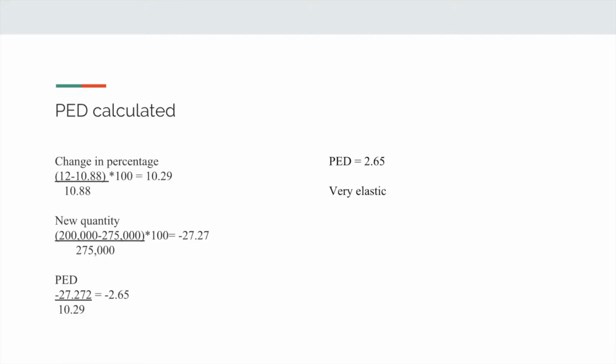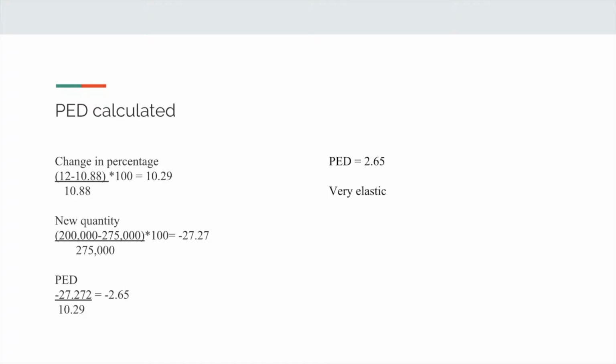To calculate the PED, we need to find the change in percentage. And to do that, we take start bracket 12 minus 10.88 end bracket divided by 10.88 times 100, and that gives us 10.29.